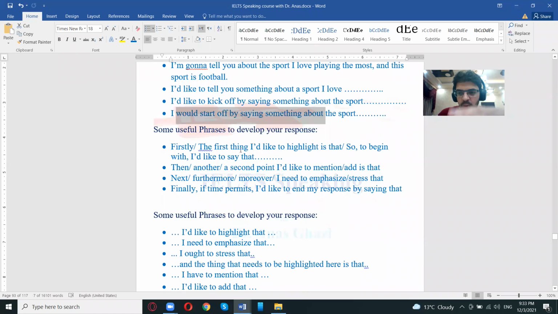To move between the bullet points, you go through them one by one. First, or firstly, or the first thing I'd like to highlight is that. To begin with, I'd like to say.